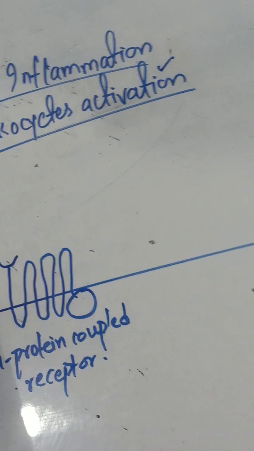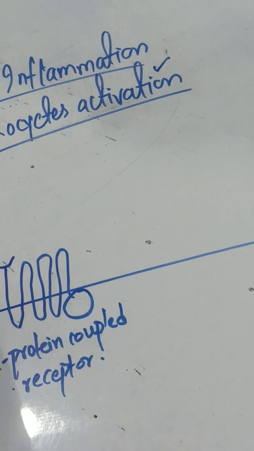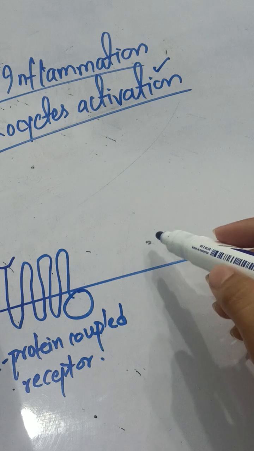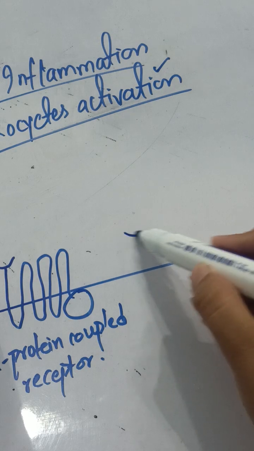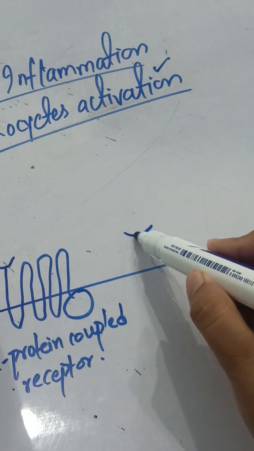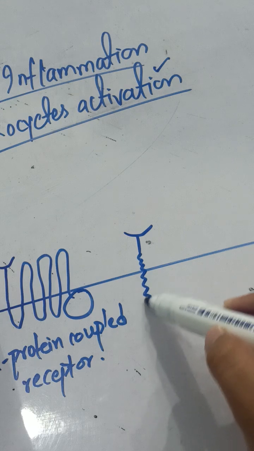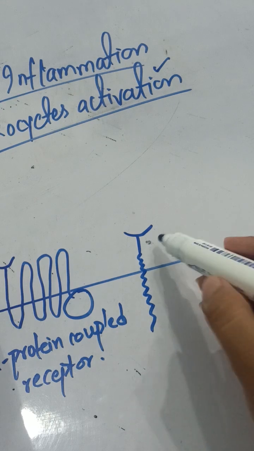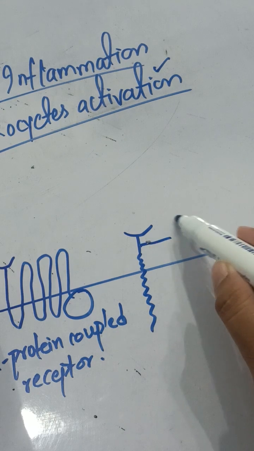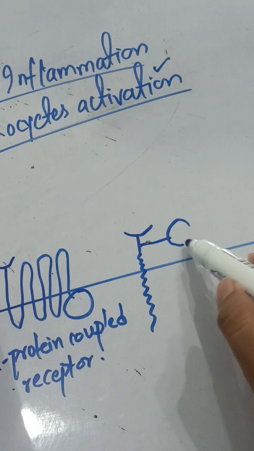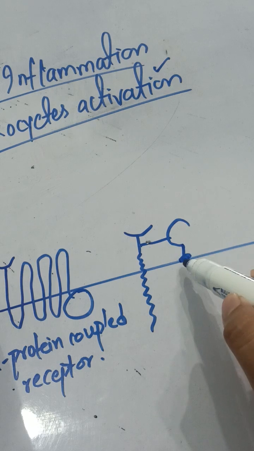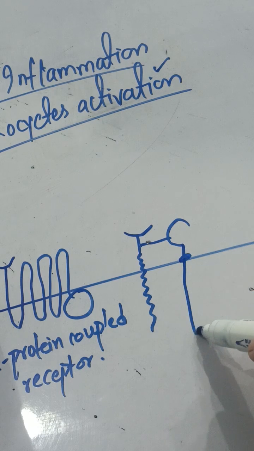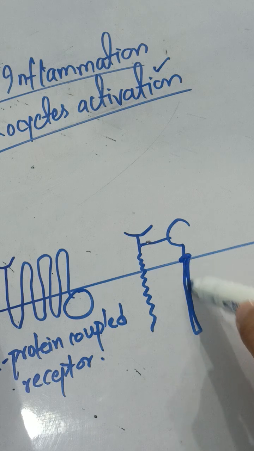The next receptor that you will see on the surface of your leukocyte is your toll-like receptor. I think you have heard the word toll-like receptor for the first time, but we are going to see what that means. You don't need to worry too much about it.